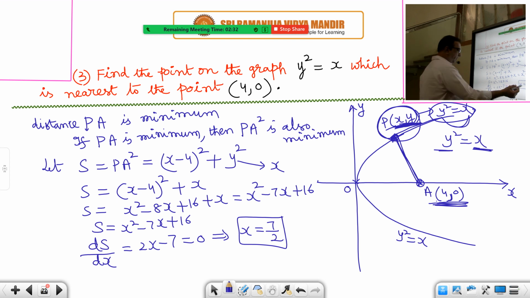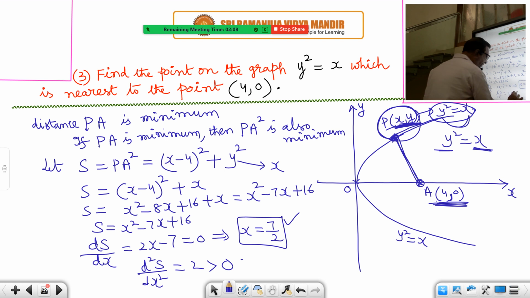So here the function may have a local minimum value or local maximum value. To find that, we have to find the second derivative. What is the second derivative? d square S by dx square is 2, sir. 2. What is the value of second derivative at x equal to 7 by 2? That is also 2 because that is a constant. So it is positive.